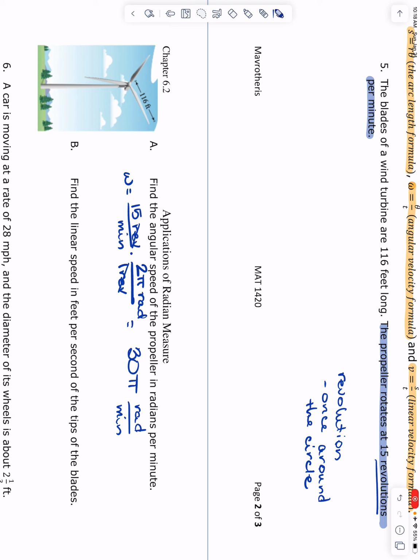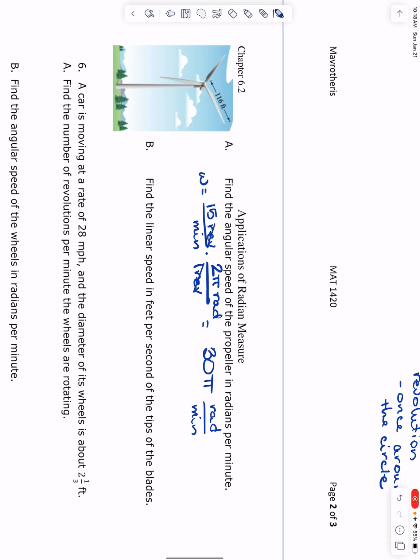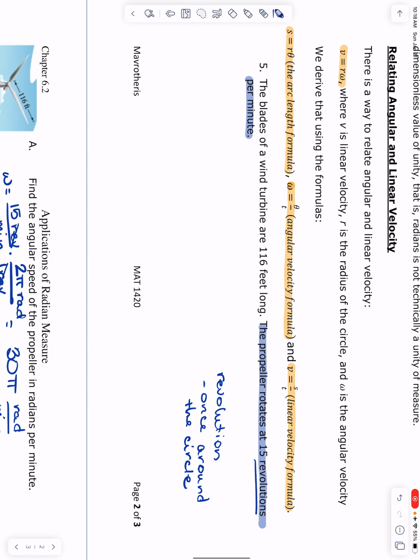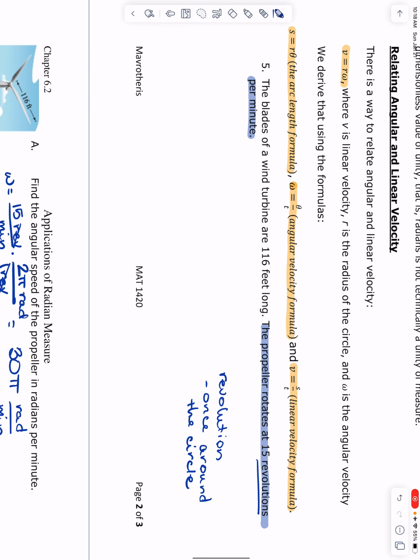B wants us to find the linear speed in feet per second of the tips of the blades. So our linear speed is our V, and since I already have angular velocity, I am going to go back up here and I am going to use this formula right here. My linear speed is the radius times the angular velocity.